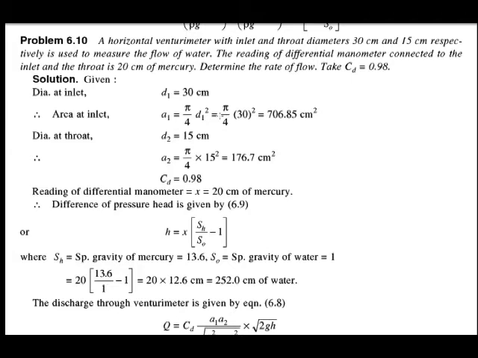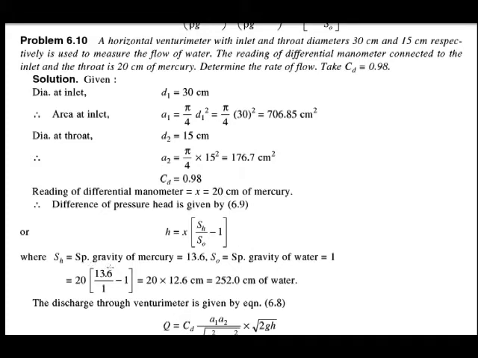For that we first have to identify the difference in the pressure head. The formula for this is H is equal to X in bracket SH upon S0 minus 1. This is the formula because the manometer contains a liquid which is heavier than the fluid flowing through the pipe.